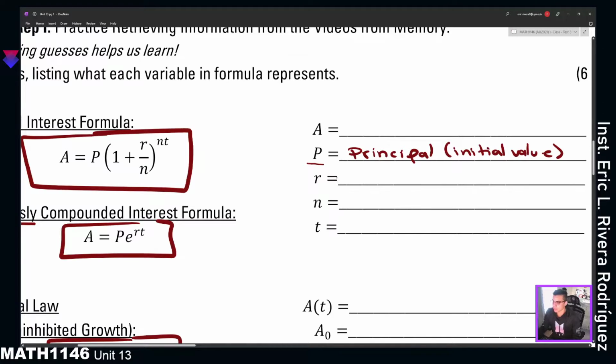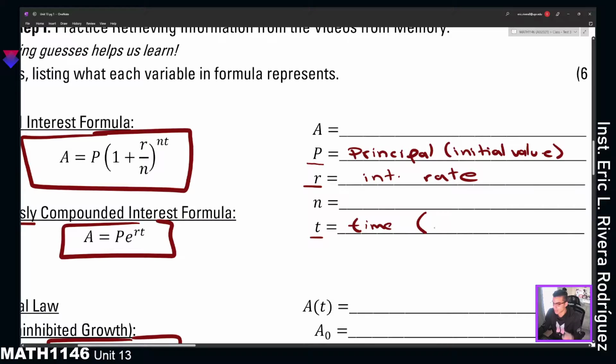R represents the interest rate. T, and you see that I'm skipping A and N, I'm going to talk about them in a moment. T is important because T represents time.